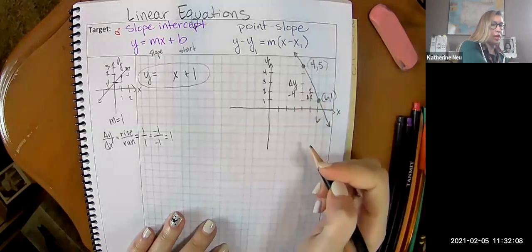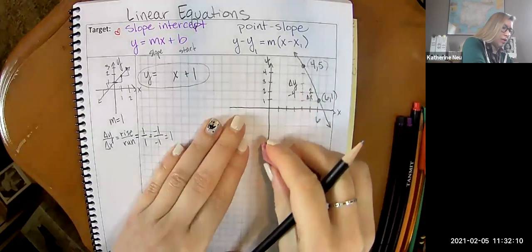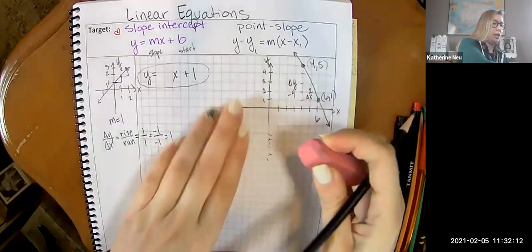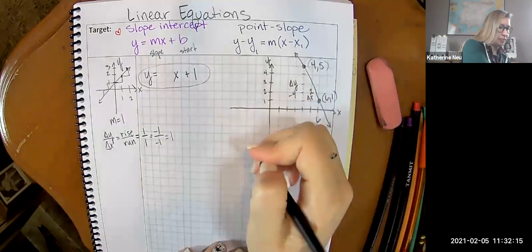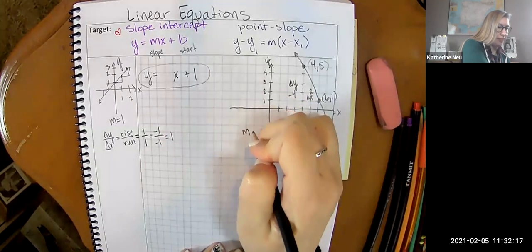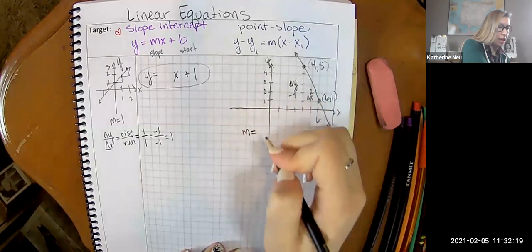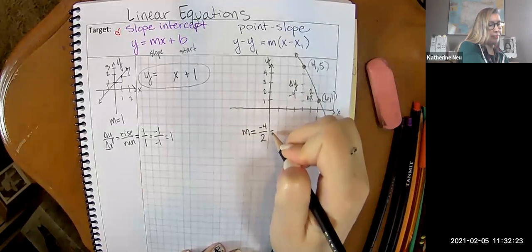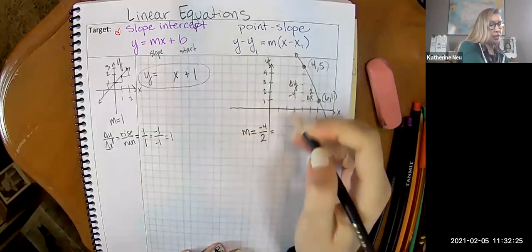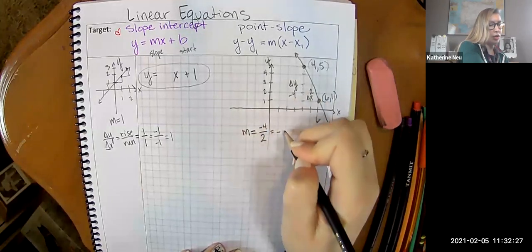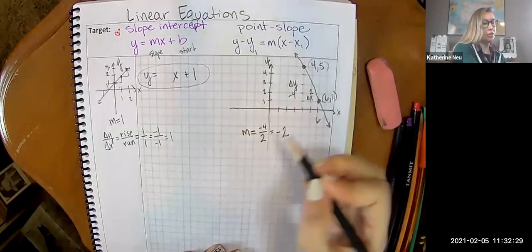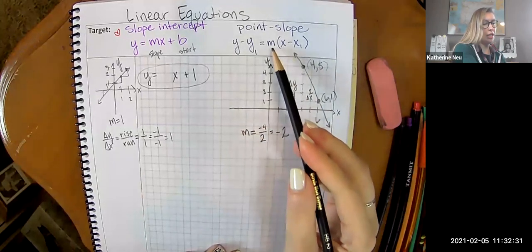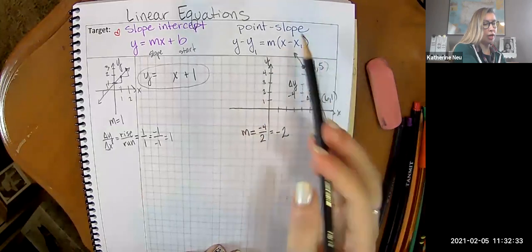So my slope then is -4 over 2. That's nice and pretty. Negative divided by a positive is a negative, and 2 goes into 4 twice. So my slope is -2. Boom. I have got that to plug into my equation.